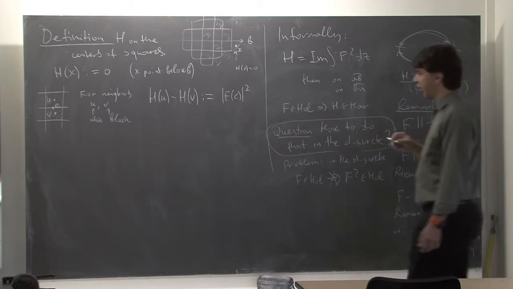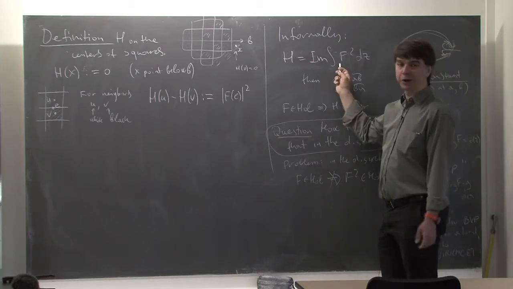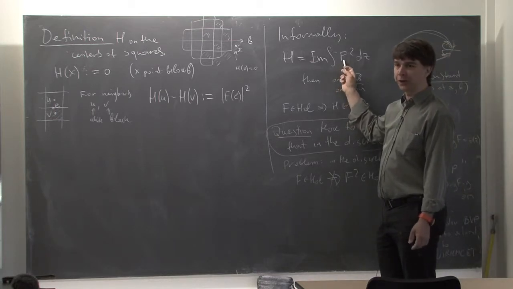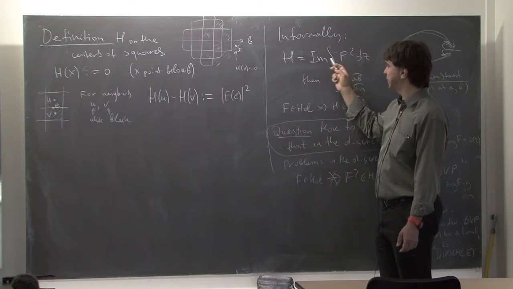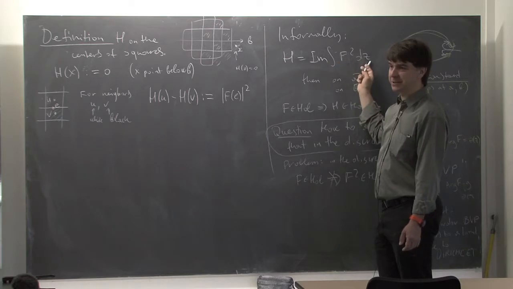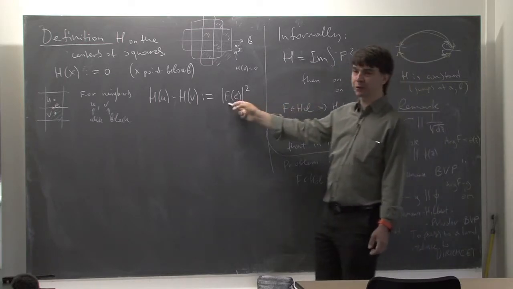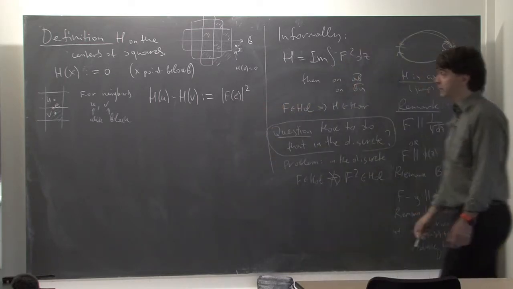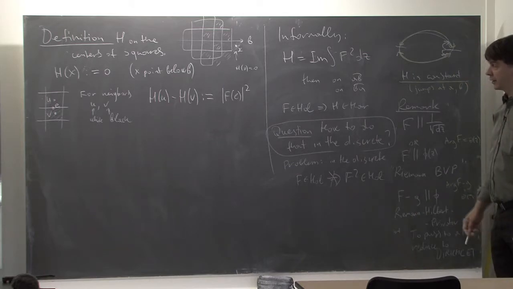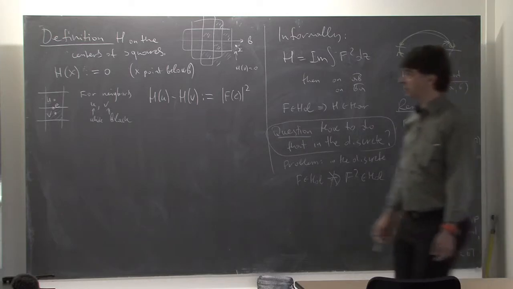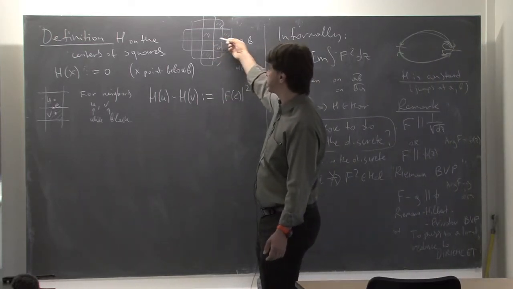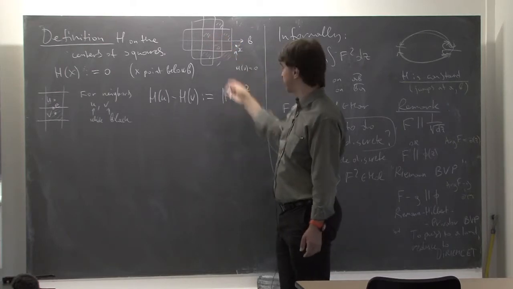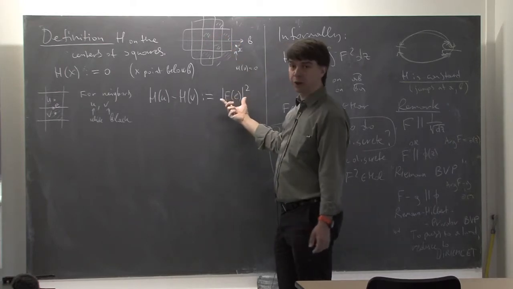So that a priori doesn't quite look like what we should put here. We should put f squared without any absolute value, and we should put the imaginary part of f squared times dz. And we just put the absolute value. But it turns out that actually it's all taken care of by two facts. First, on every horizontal edge, f is either real or imaginary, so the absolute value of the square is just the square.